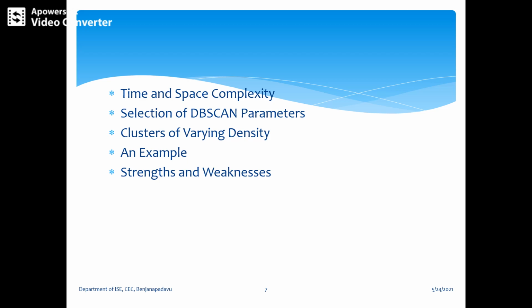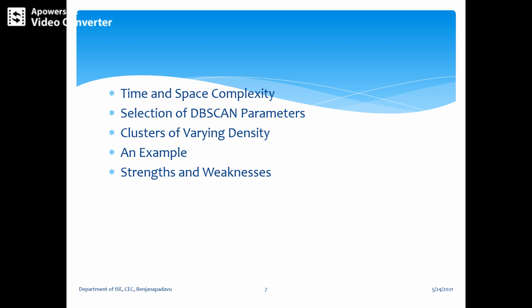The basic time complexity of the DBSCAN algorithm is O of m times the time to find the points in the EPS neighborhood, where m is the number of points.